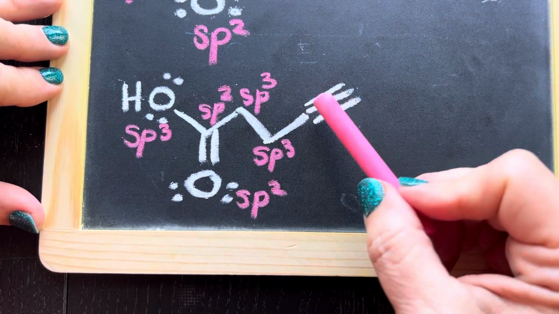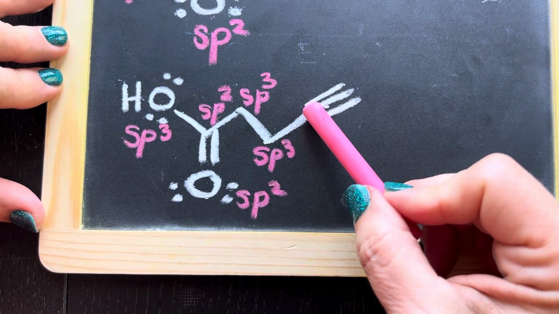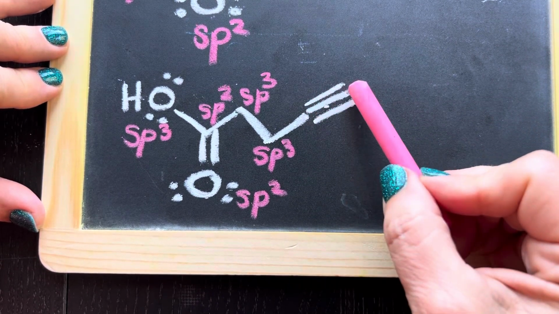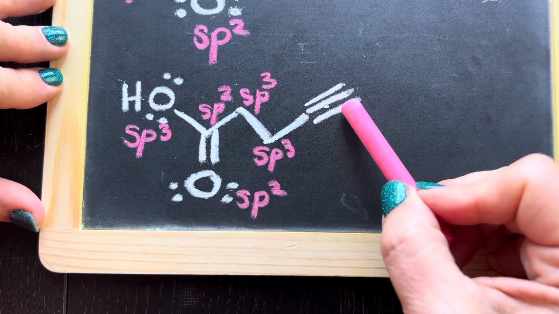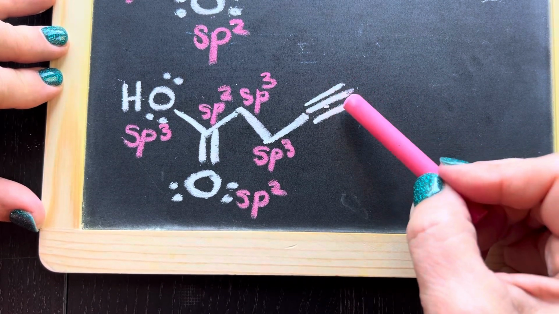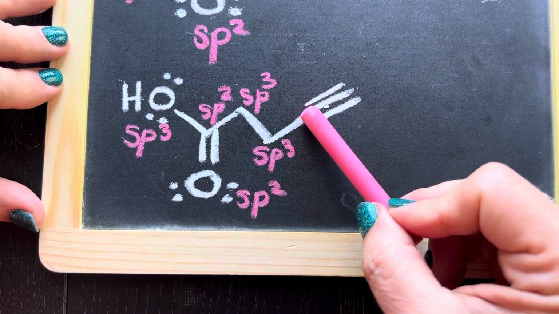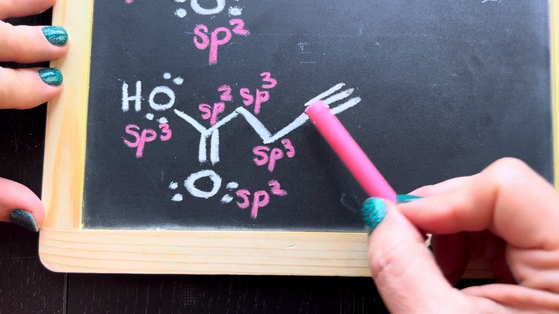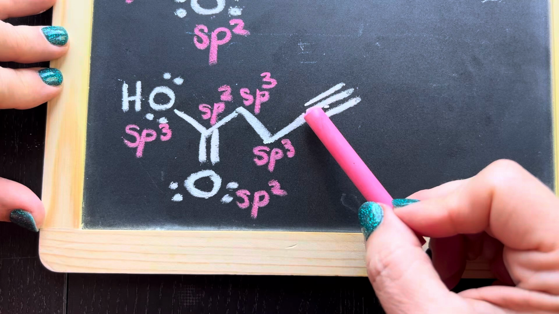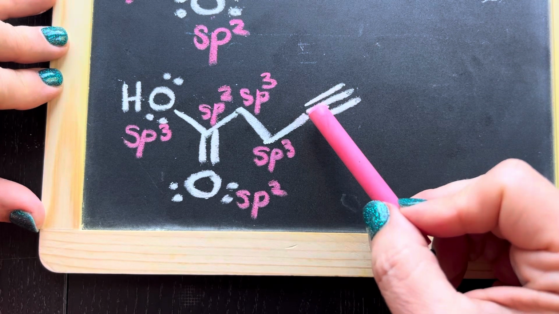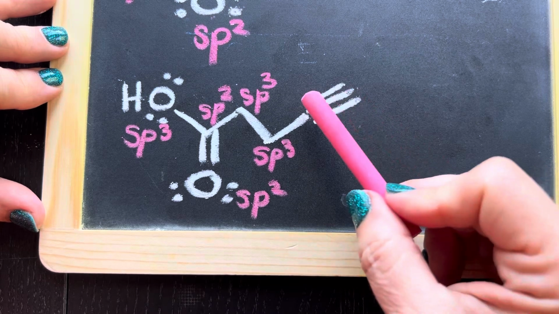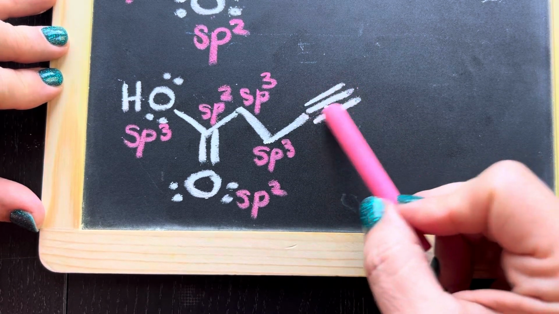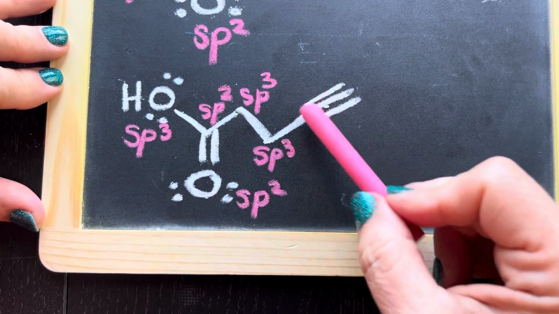Now, what about this carbon and this carbon? Now we've got not only a sigma bond here, but 2 pi bonds. For each pi bond, the carbon here and here need to have 2 pure, unhybridized p orbitals in order to overlap with the other carbon and create this triple bond.